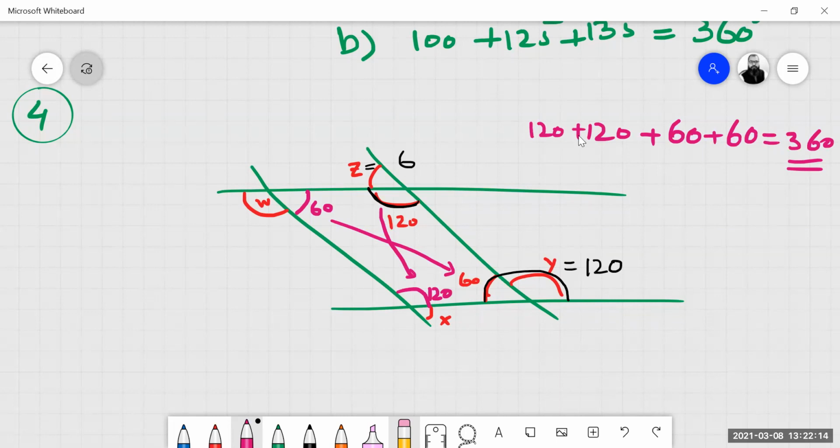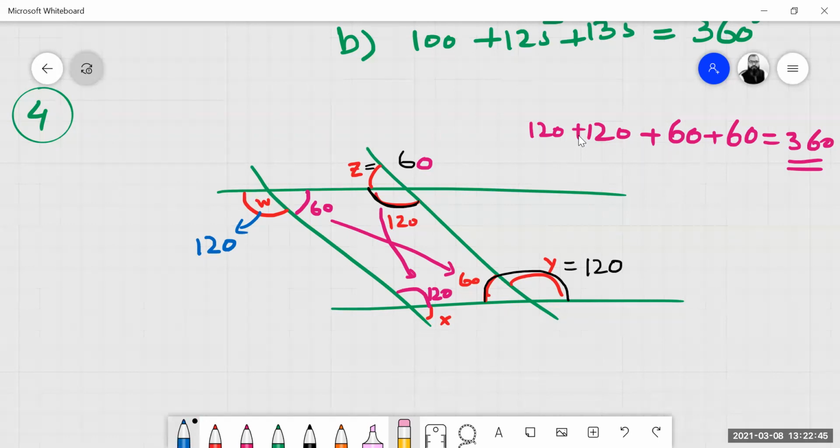Yes, Mister. Now tell me the value of W. 60 plus 120. Okay, same, 120. 180? How 180?